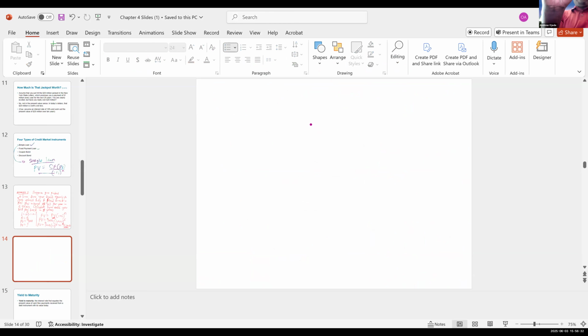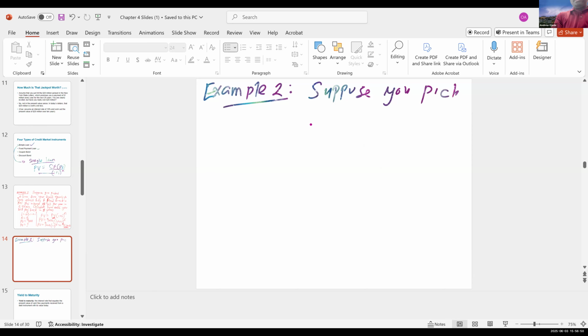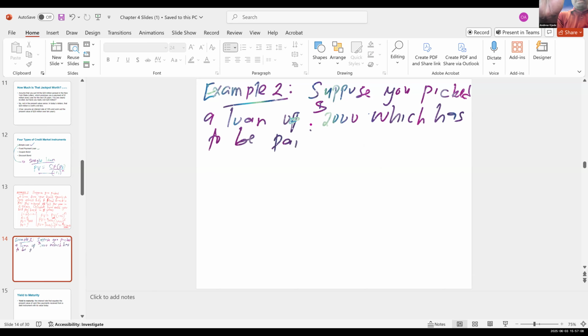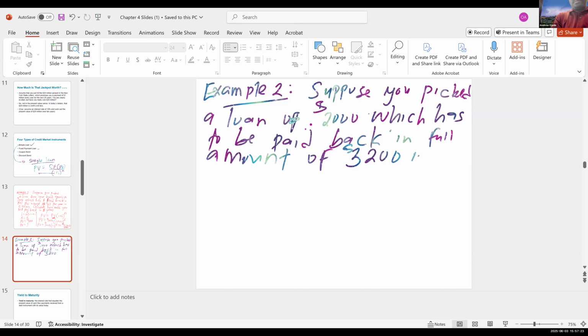In example 2, we could say, suppose you pick a loan of $2,000 from your bank, which has to be paid back in full amount of $3,200 in 5 years.